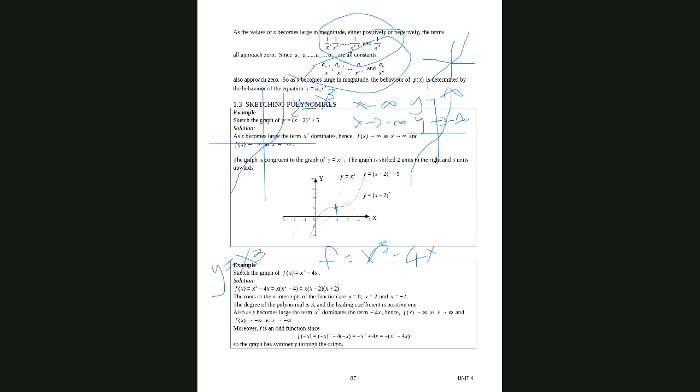Here we can bring x out, then we get x squared minus 4. If we look at this graph, it is not easy for us to translate using the original.